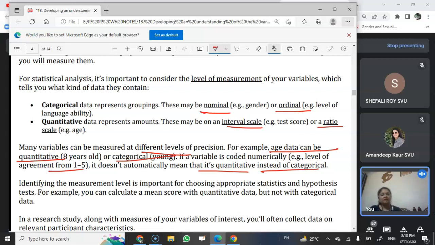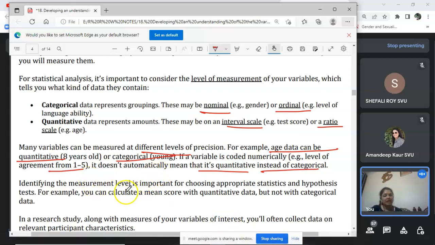Then identifying the measurement level, what we have to use: input, then output, then performance, for choosing the appropriate statistical hypothesis test. For example, you can calculate a mean score with quantitative data, but not the categorical data. So on what can you calculate the mean score? On what can you find the mean and median? On quantitative data, but you cannot find it on categories.